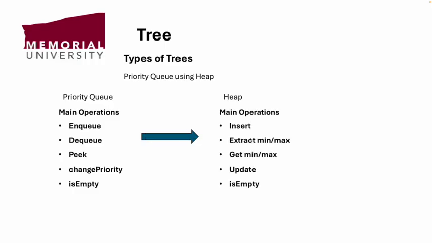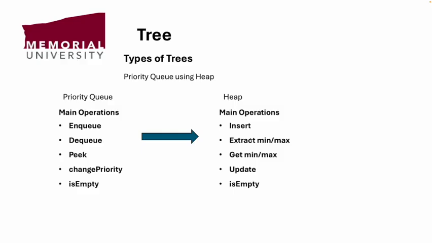In the heap we have insert, right? We just do an enqueue by inserting into the heap. And then dequeue extracts the minimum or maximum, based on the type of priority order. Peek grabs the first element, which on the heap is either the minimum or the maximum.